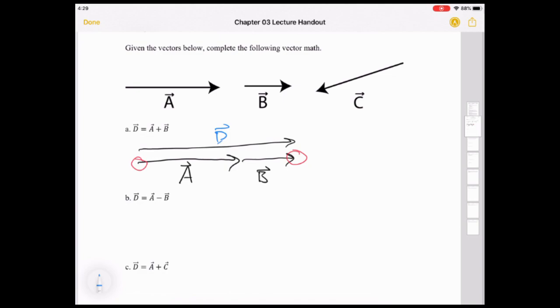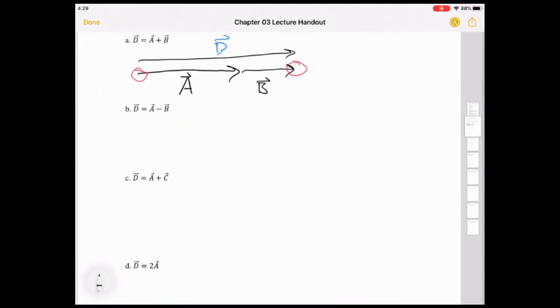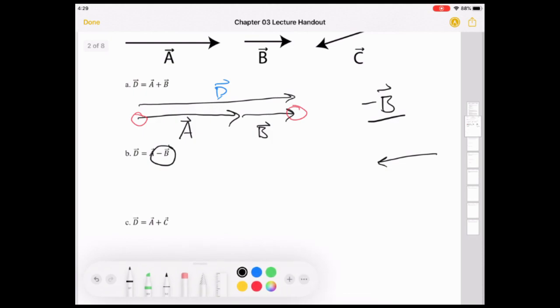What about if I subtract them, right? A minus B. Well, I'm glad you asked that. So how do I subtract them? Well, it turns out if we think critically about what a negative sign does to a vector, negative B, let's do this in some scratch space over here. Negative B is just B that points in the opposite direction.